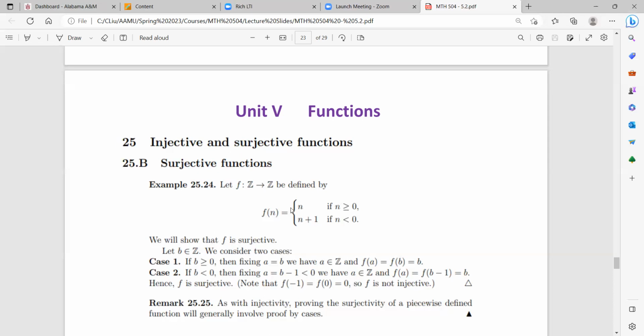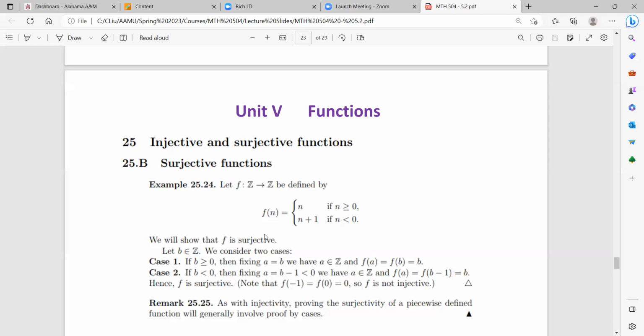Since the function is piecewise defined, we also need to separate the cases into two. The first case is when this number b in the codomain is non-negative, b greater than or equal to 0.